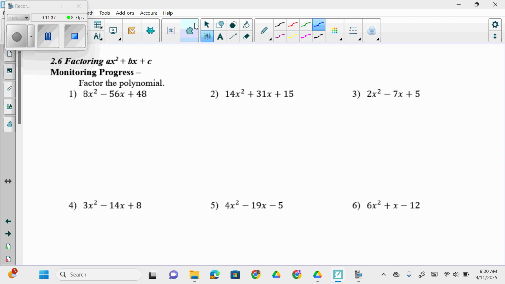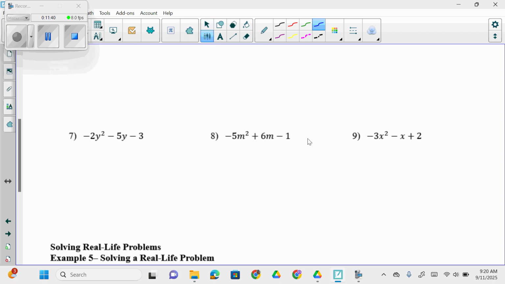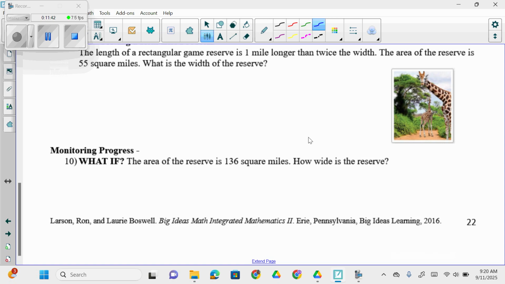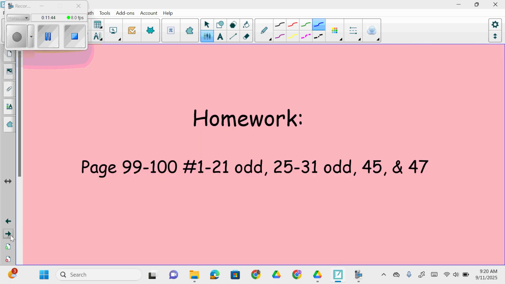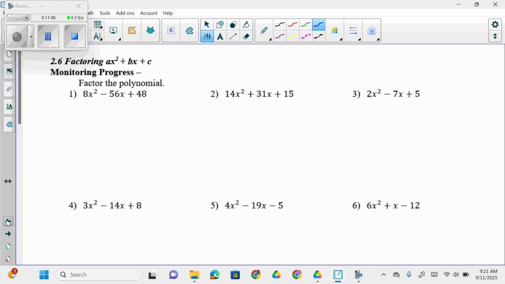All right, let's just practice maybe 2 more, and then you guys can try it on your own. Let's do number 2. I set up my parentheses. The first term times the first term should be 14x squared.